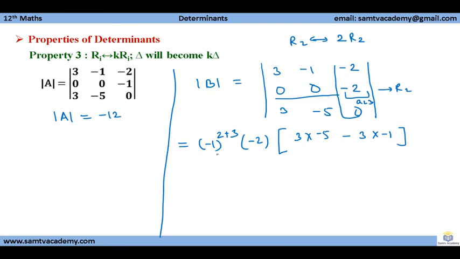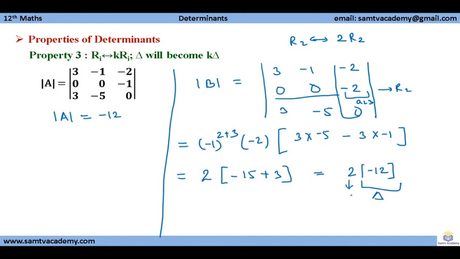So this will give a sign change, so minus minus will make it plus, so 2 is there, and 3 5s are 15, minus 15 plus 3, so it is equal to 2 into minus 12.